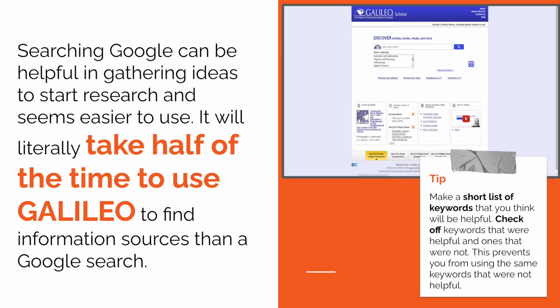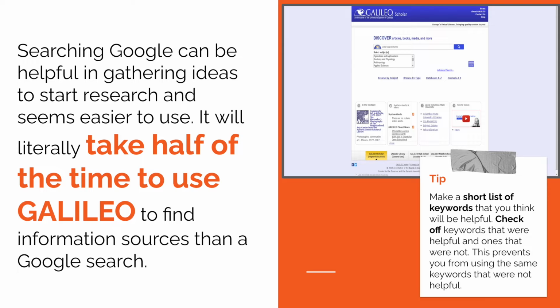So it's tempting to want to search Google during the research process, and in the beginning of your research process, it's not necessarily a bad idea to get what different topics are talked about that Google is seeing. But it really takes way less time to just go through Galileo and to search the resources through there.